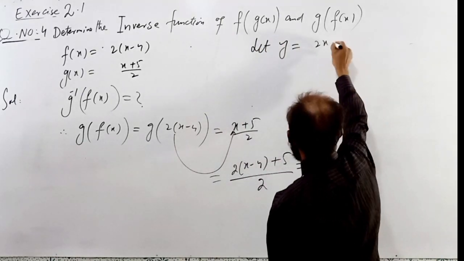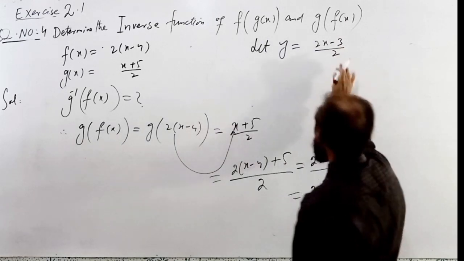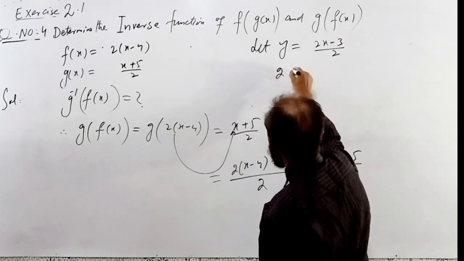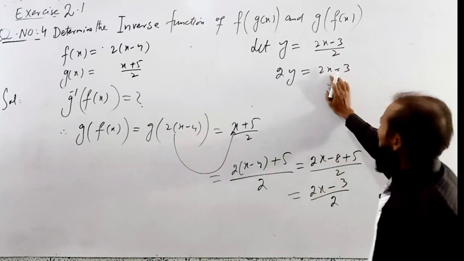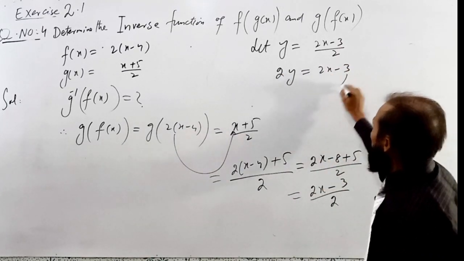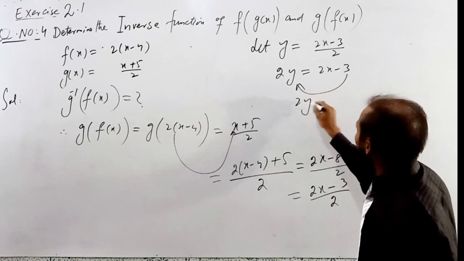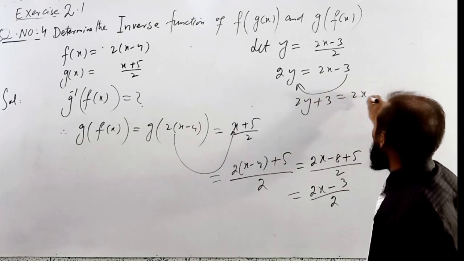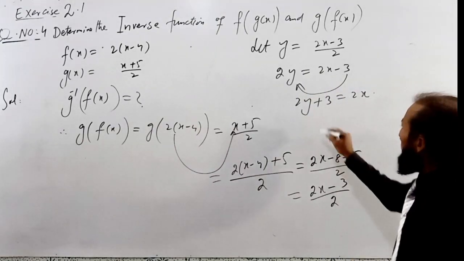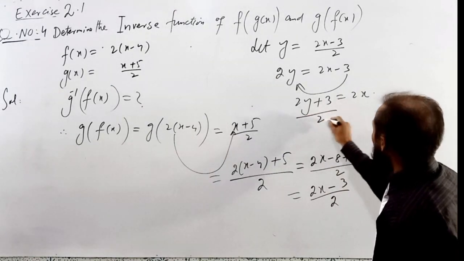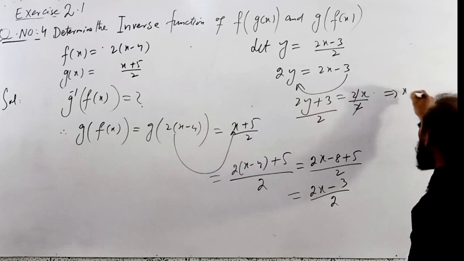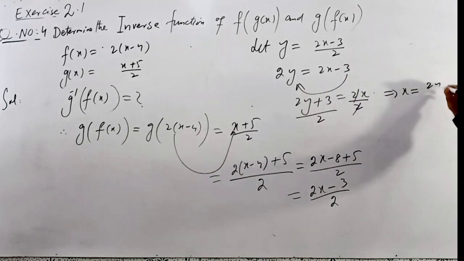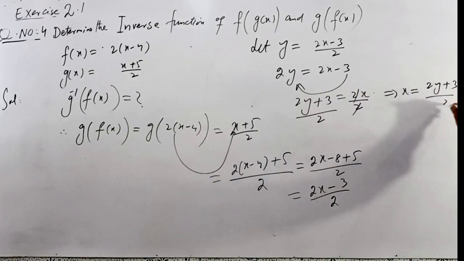So y is 2x minus 3 divided by 2. 2 is multiplied by both sides, 2y is 2x minus 3. But we are required here x value. So we change this value: 2y plus 3 is equal to 2x. Divide both sides by 2, and both are cancelled. So we get x is equal to 2y plus 3 divided by 2.